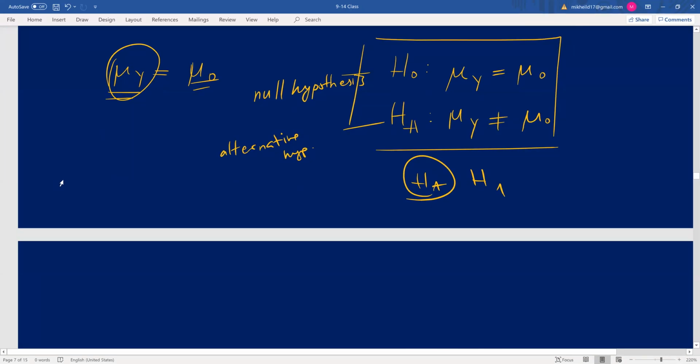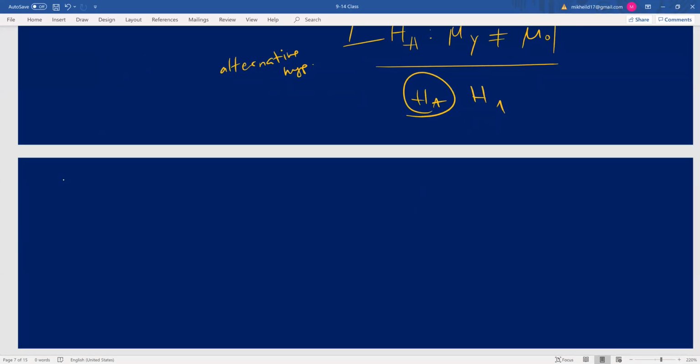Okay, we hypothesized that mu y equals mu 0. This is something you hypothesize, something you are thinking mu of y is. If you knew the value of mu y, there would be no question. It is either equal to mu 0 or it is different from mu 0. But we don't know mu y, that's the problem.